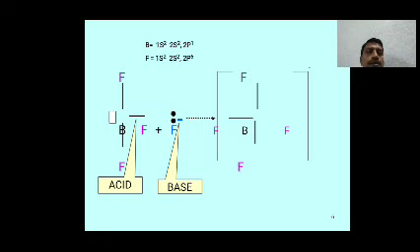Boron electronic configuration is 1s2, 2s2, 2p1. Fluoride is 1s2, 2s2, 2p5. These two electrons transfer from fluoride ion to boron.